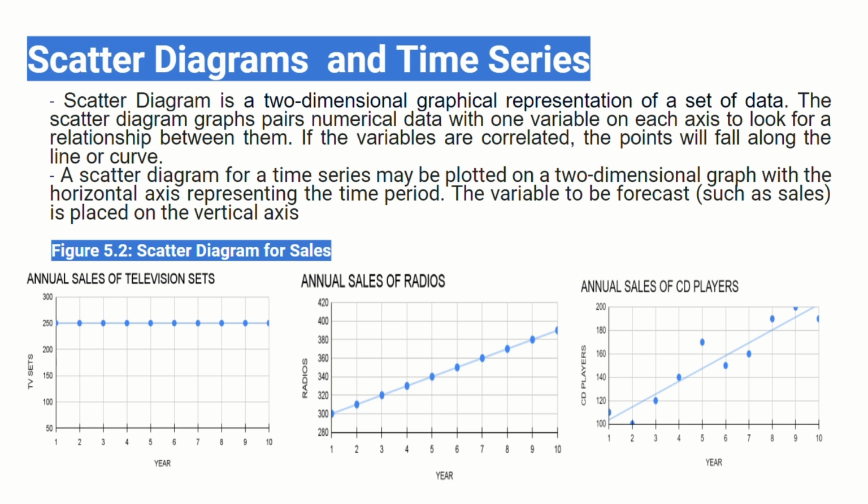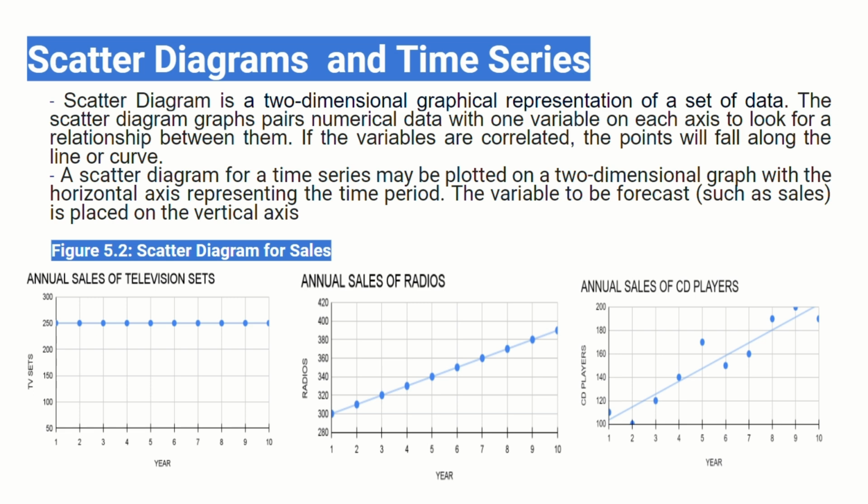A scatter diagram for a time series may be plotted on a two-dimensional graph with the horizontal axis representing the time period, and the variable to be forecast, such as sales, placed on the vertical axis. A scatter diagram helps obtain ideas about a relationship.